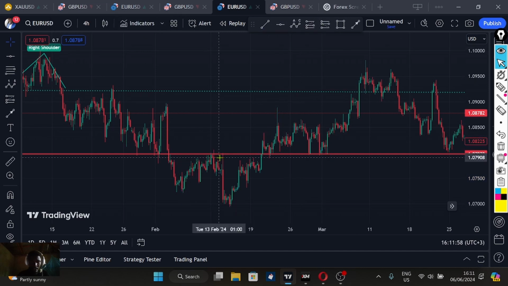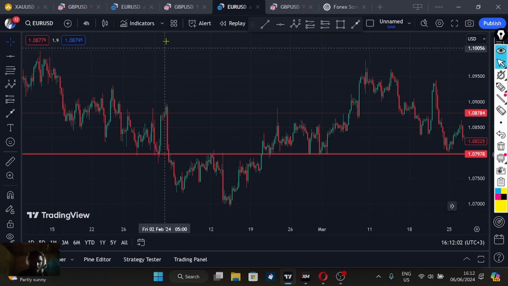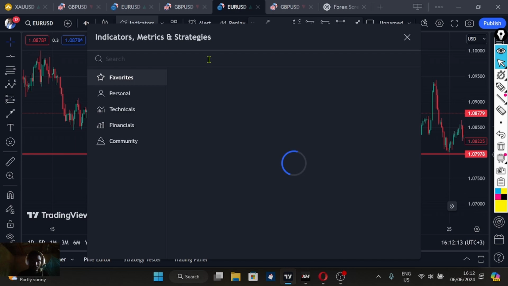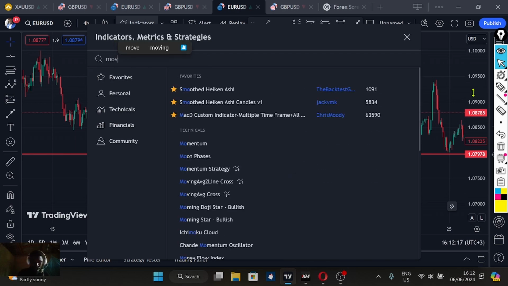Now, let's add the indicators. We shall start with moving average and MACD. Let's type in here moving average.